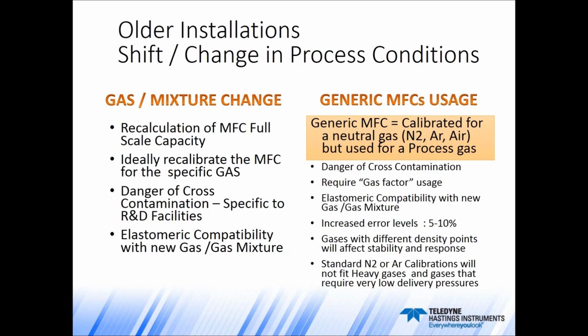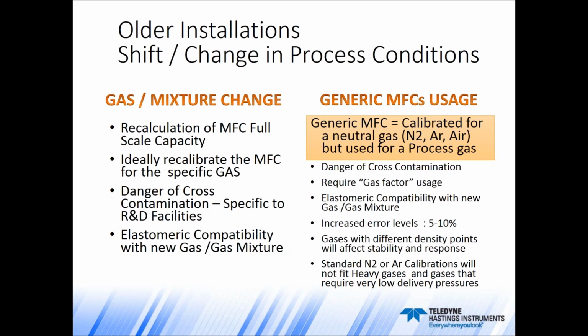One word of advice for generic MFC users. We call it generic MFC, a mass flow controller that has been calibrated for a neutral gas, nitrogen, argon, air, but during process is actually used for a different gas. Again, I'm going to point out the danger of cross-contamination.